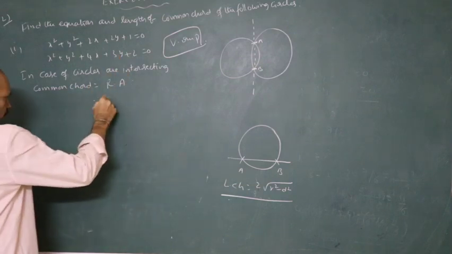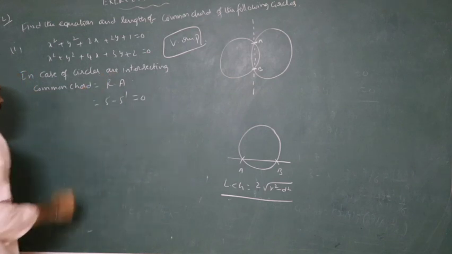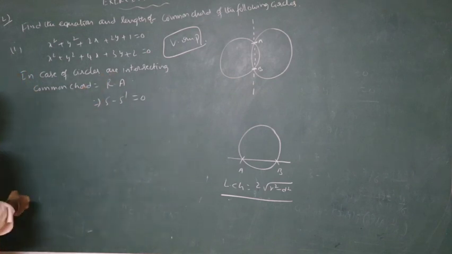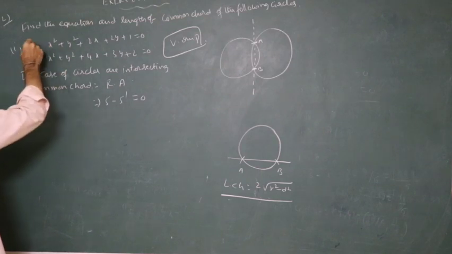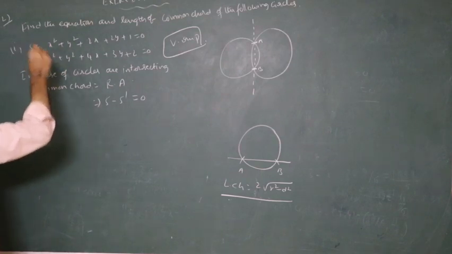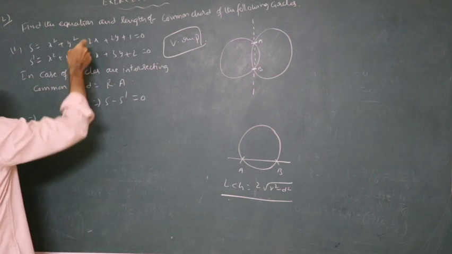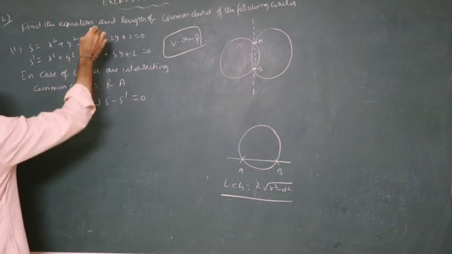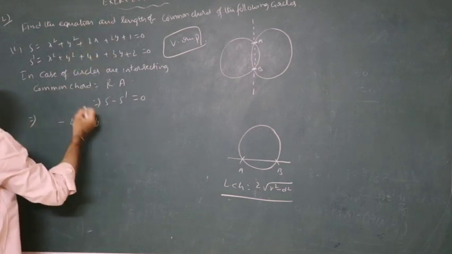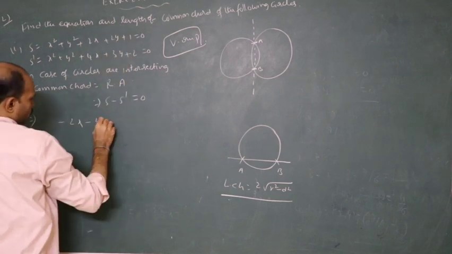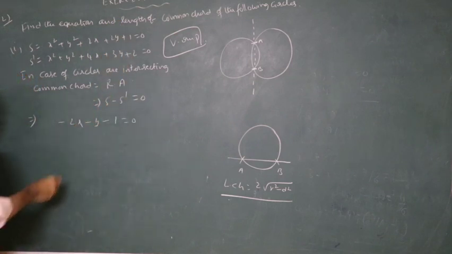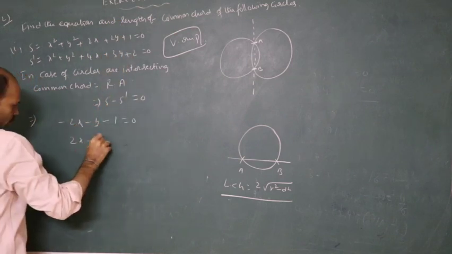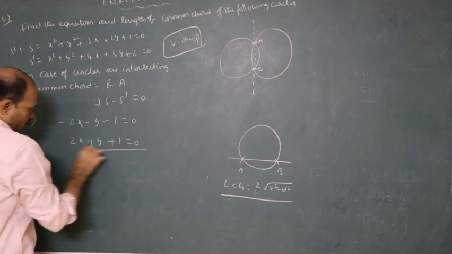You know very well the formula of the radical axis: S minus S dash is equal to 0. x square, x square, x square, x square; say this is S and S dash. 2x minus 4x, 2y minus 3y, 1 minus 2. It can be written as 2x plus y plus 1 is equal to 0.